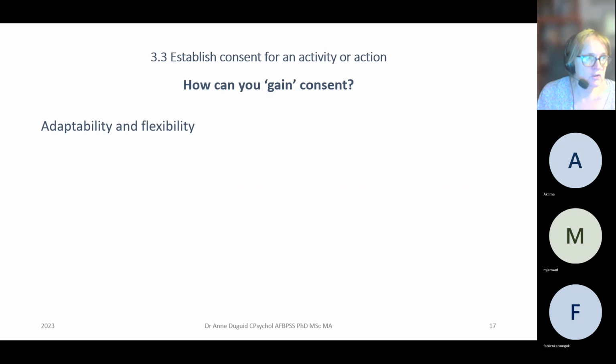Your role, your duty, is to give them as much information, support and encouragement as possible to make healthy choices. Those healthy choices from that individual's perspective might not be the same as yours. Let's say 75% of the time they are, but that 25%, they can be quite a problematic lot.